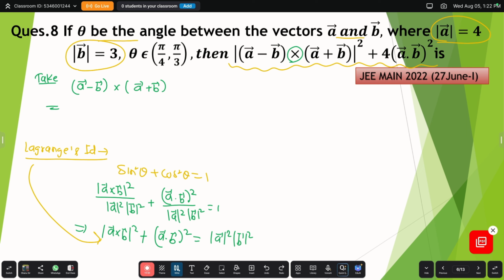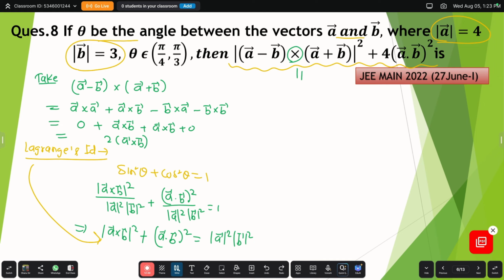Simple multiplication: A cross A, then plus A cross B, minus B cross A, minus B cross B. What is A cross A? 0, plus A cross B. If I interchange A and B, it will be minus minus plus A cross B, and B cross B is 0. What is this? Twice of A cross B.